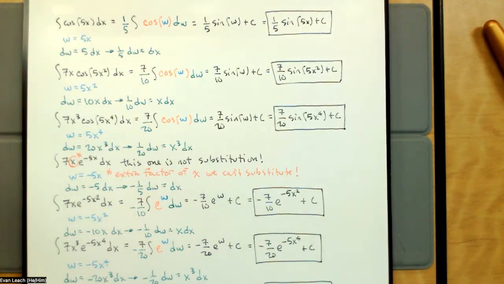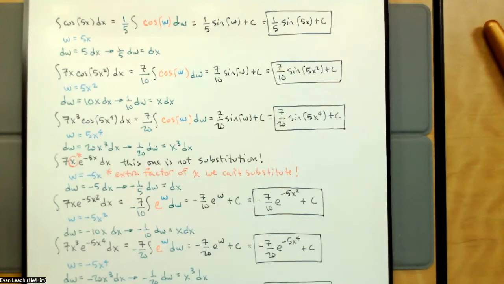You shouldn't trust my solutions just because I wrote them, because I make mistakes like everybody else, like this 7x e to the negative 5x. I think I intended to write on that one 7 e to the negative 5x, because the next one is 7x e to the negative 5x squared, which works just fine. But substitution is unavailable for this 7x e to the negative 5x.